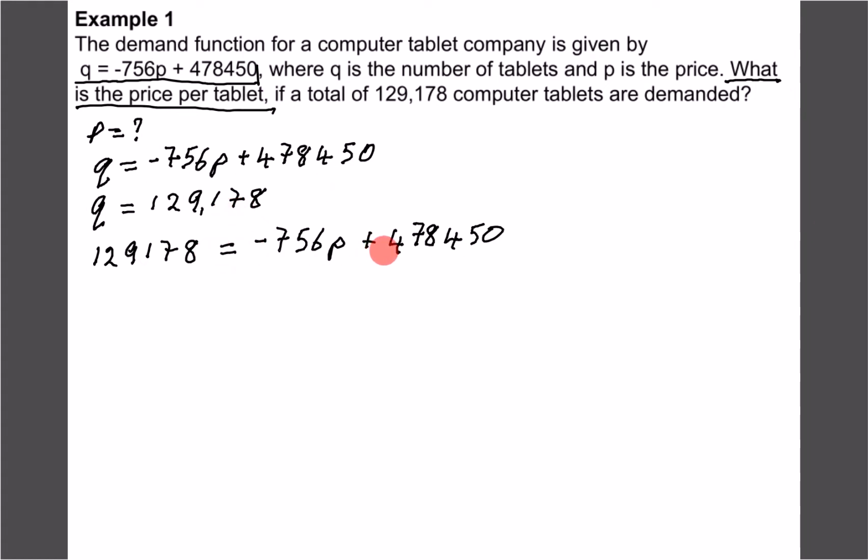And remember, once you carry a term from the right hand side to the left hand side, you flip the sign. It's a positive, so when it comes over here, it will become a negative.